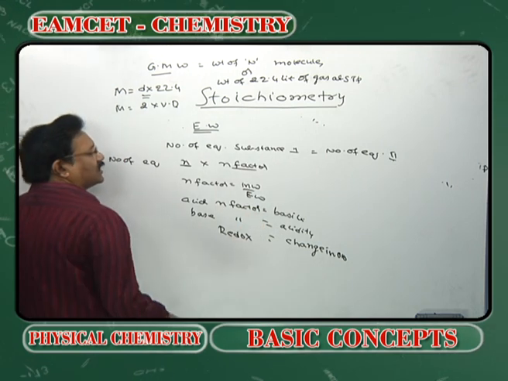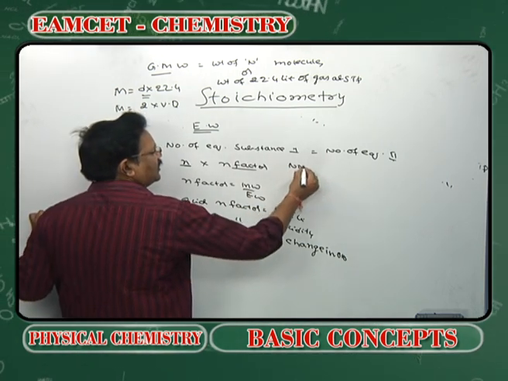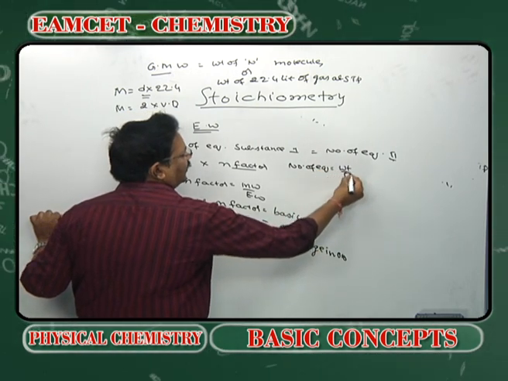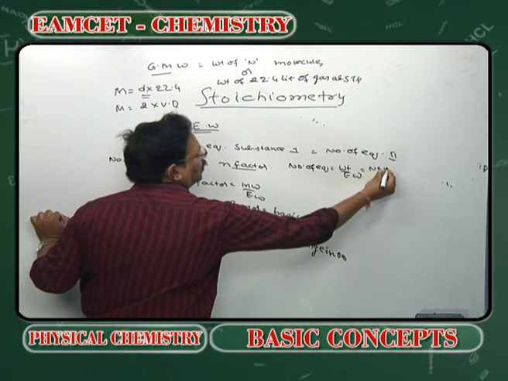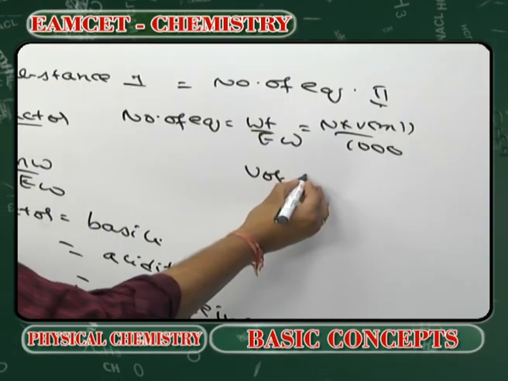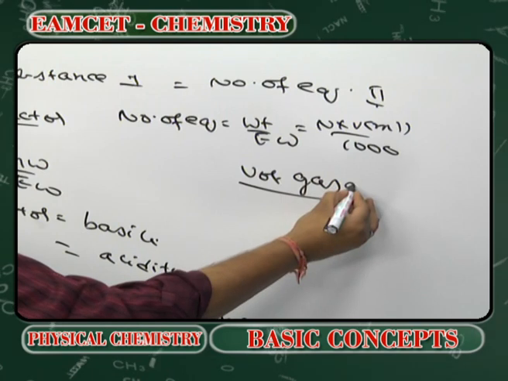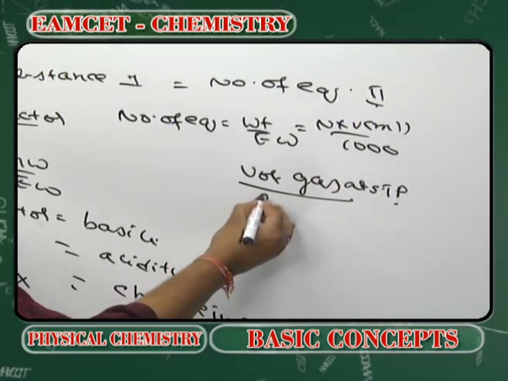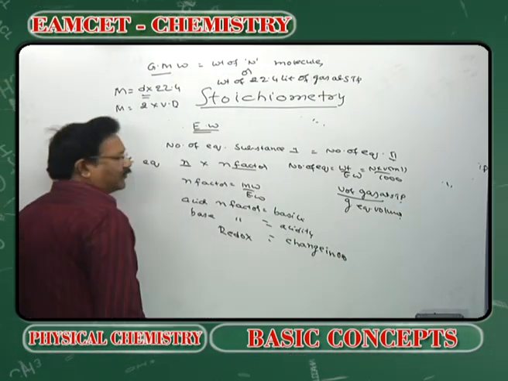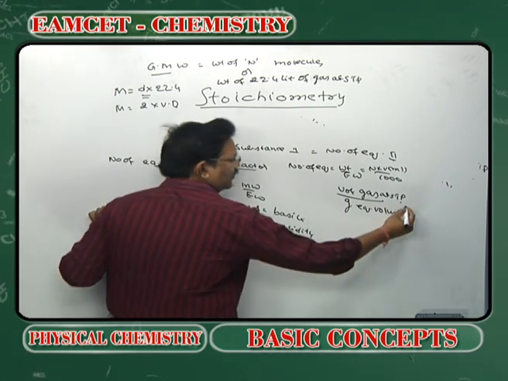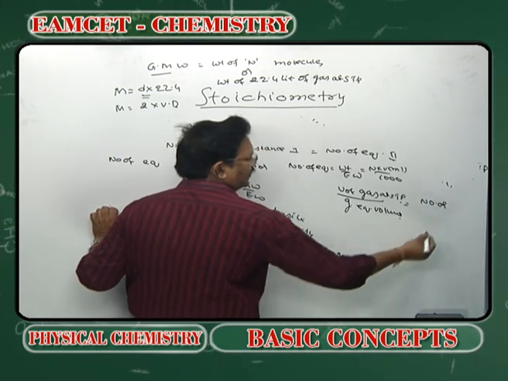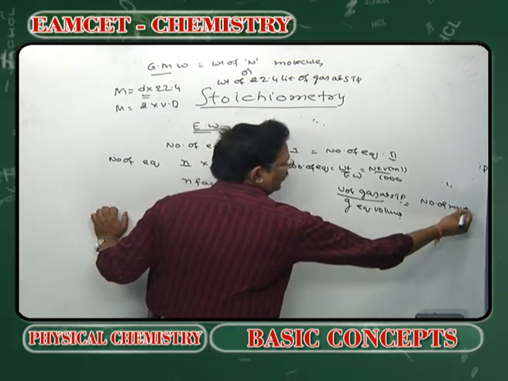What are the ways to calculate the number of equivalents? Number of equivalents is equal to weight by equivalent weight, normality into volume in ml by 1000, volume of the gas at STP by gram equivalent volume, or number of moles into n factor.